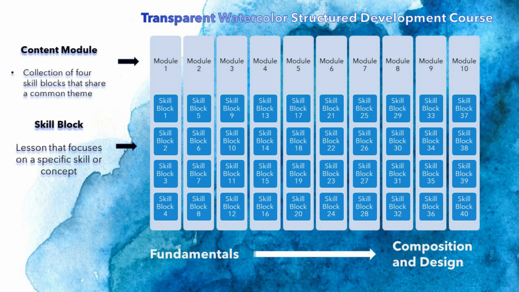If, however, a person wants to take a broader area of study, they can take a module which consists of 4 separate skill block lessons with a common theme. As with anything, there's economies of scale, and I've tiered the pricing to make modules a better value.